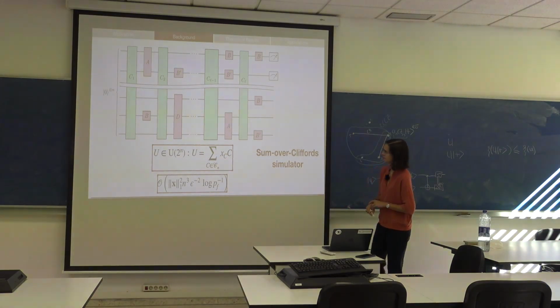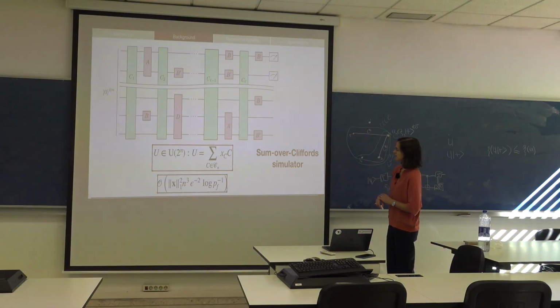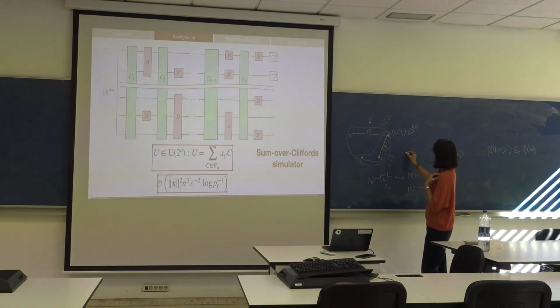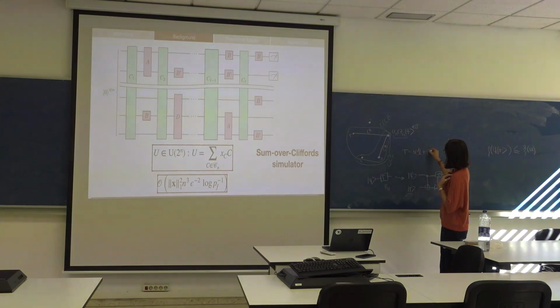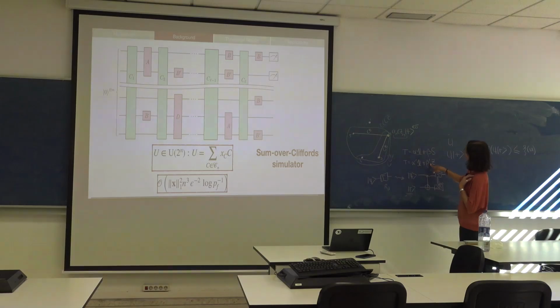For instance, that is true for this T gate: like I said before, the optimal decomposition is some coefficient here plus another coefficient here with the S gate. You can also find a decomposition where you write this as the identity plus Z. But this is going to have a larger one norm than that one. So this one is better for the simulation.